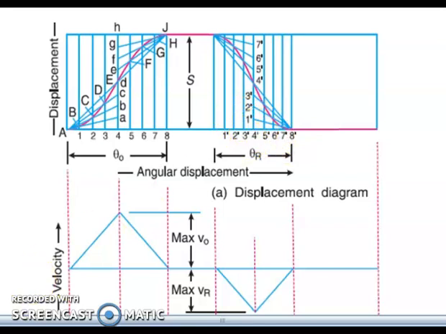You have to join the topmost corner with the bottommost corner of the return stroke. And similarly you divide the center line into 8 equal parts. The points in the top half you join with the topmost corner and the points in the bottom half with the bottommost corner. The same procedure should be repeated.